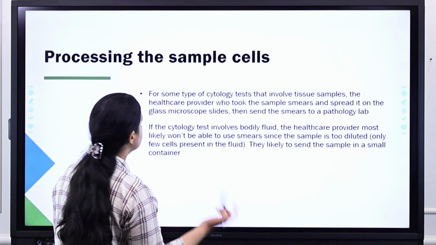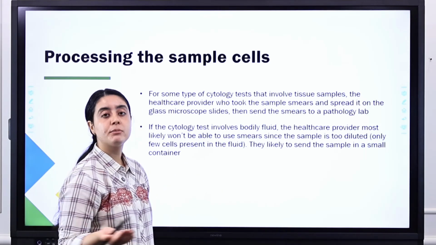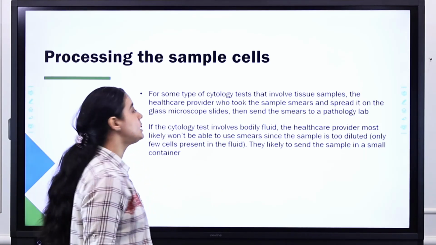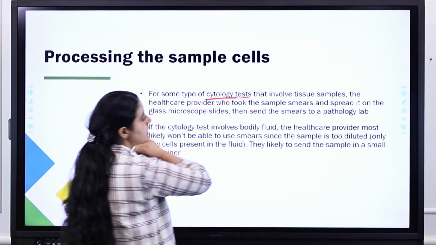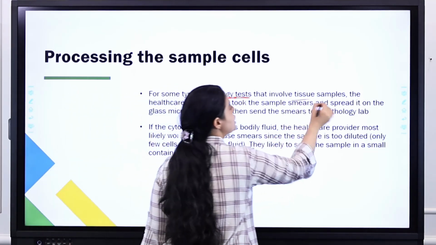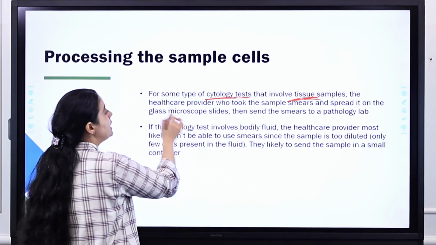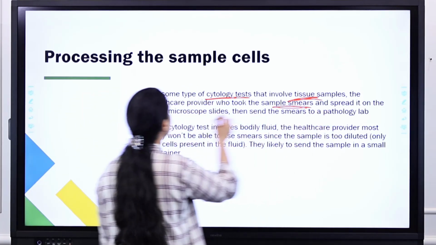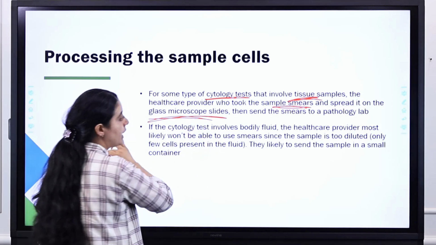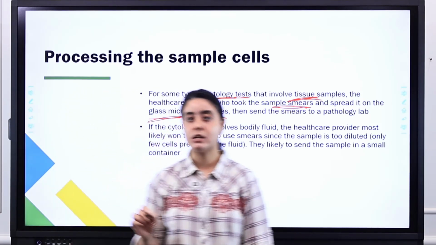Now, processing the sample. How do we process the sample in cytopathology? For some types of cytology tests that involve tissue samples, the healthcare provider who took the sample smears and spreads it on a glass microscope slide and then sends it to the pathology lab.